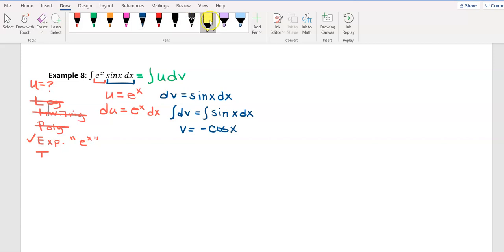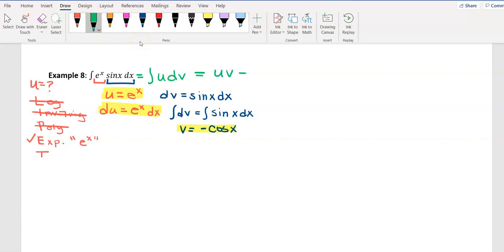Okay, so knowing that, we know all of the important pieces. We know our u, we know our v, and we know our du. And remember, that's what we need in order to figure out the answer to this beginning integral. And that beginning integral is going to use the by parts formula to answer it.